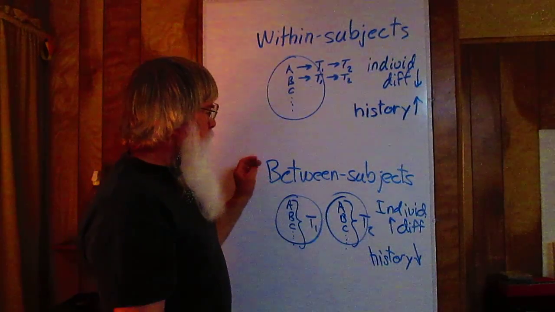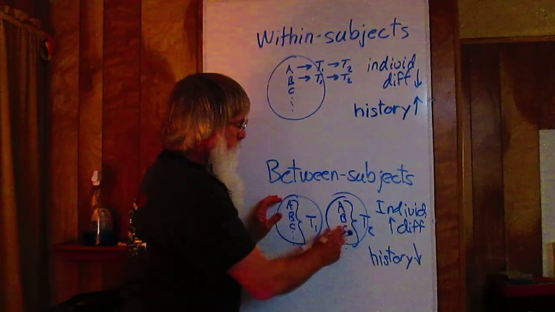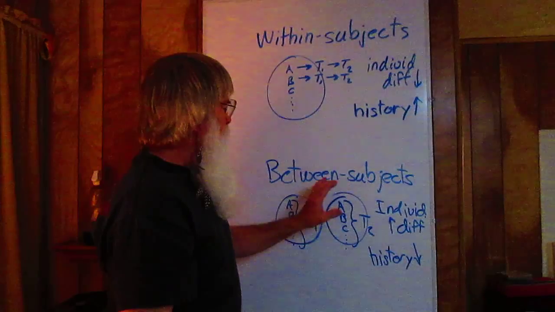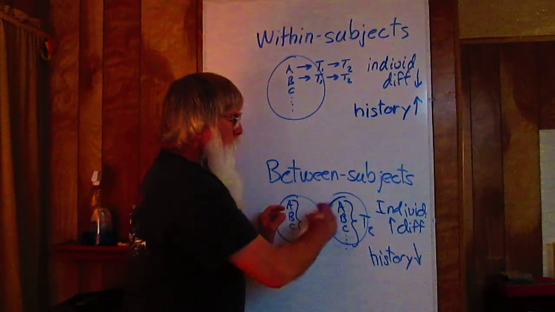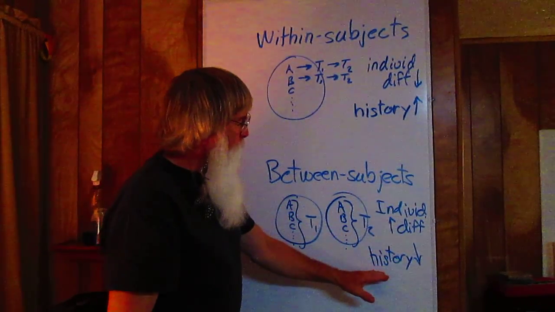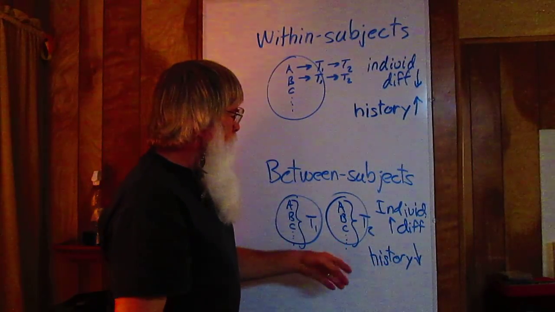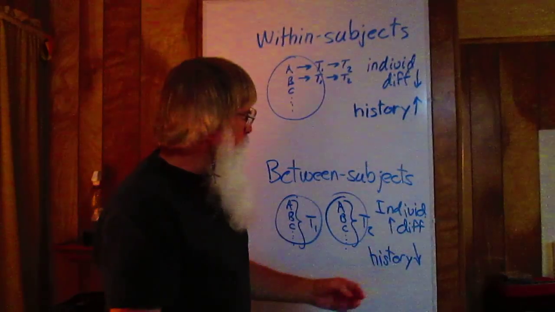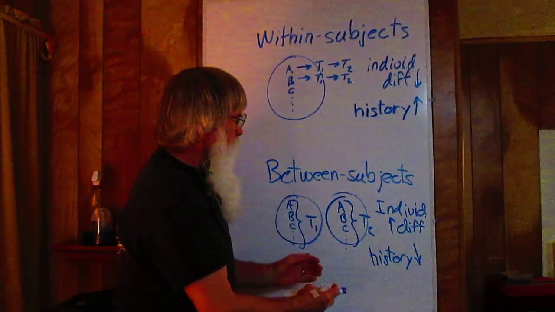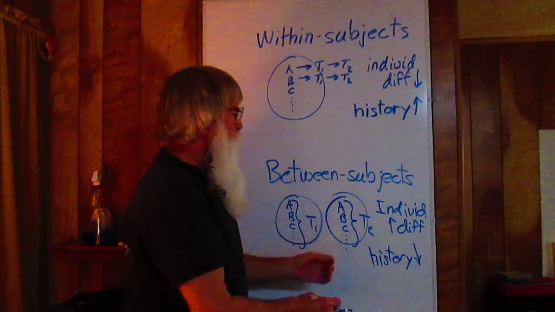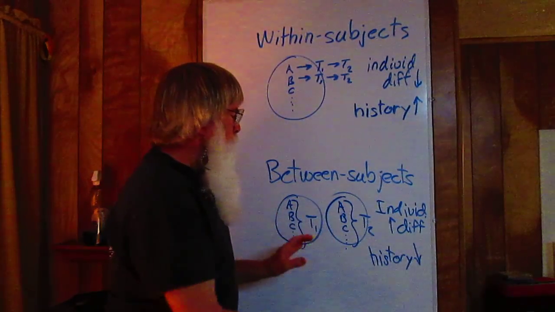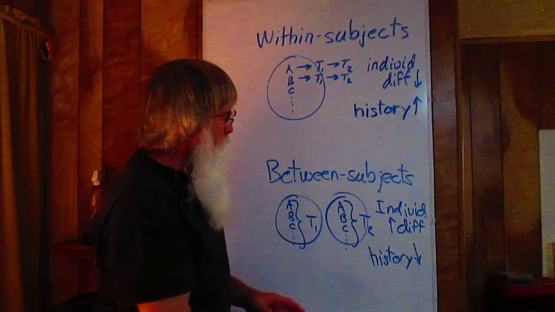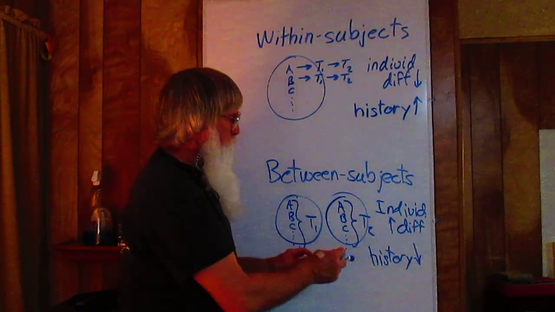Between subjects, you give the tests, the treatment 1 and treatment 2, at the same time. There's no lapse. There's no effect from history. There's no time that elapses to say that, well, this group over here matured more than this group. They both get the test at the same time, treatment 1 and treatment 2.